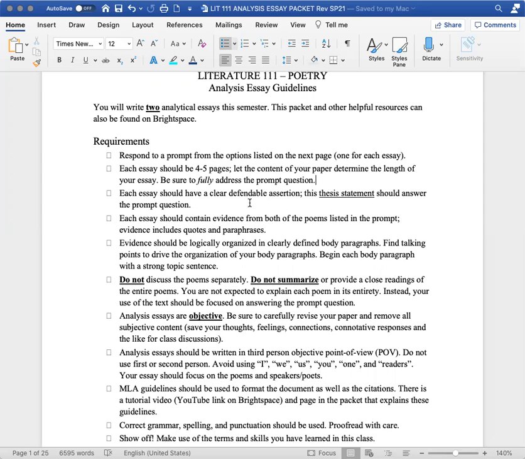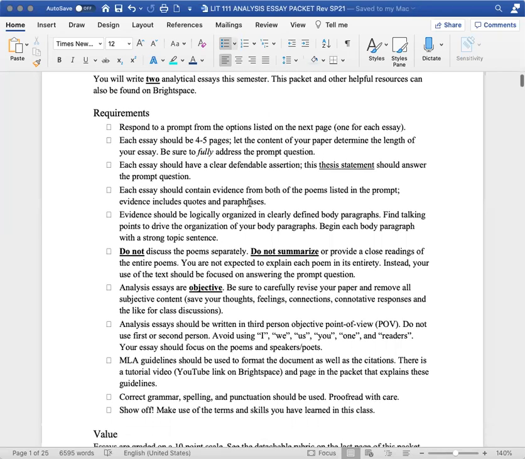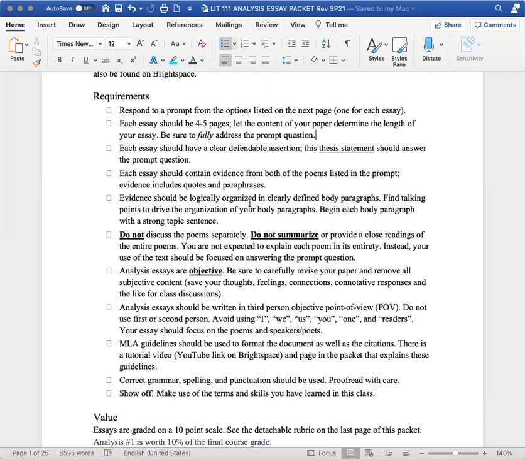If you want to think of it as the 2 poems that are a part of each prompt are like research, as if you were using an article or some other kind of document for research purposes, I want you to think of it that way. So you're not explaining the poems, but instead you're using the poems as a means to support your thesis.